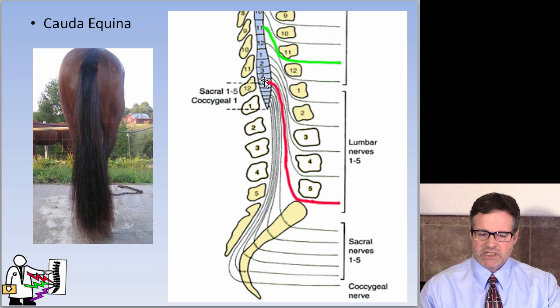And for some reason the spinal cord gets left behind when you grow. And therefore these nerve roots still have to come out of the IVFs, so they have to kind of travel in this sac of fluid. The early anatomists thought that this looked like a horse's tail, which it actually does on a cadaver. It really does look like a horse's tail. So they called it the cauda equina, which is Latin for horse's tail.